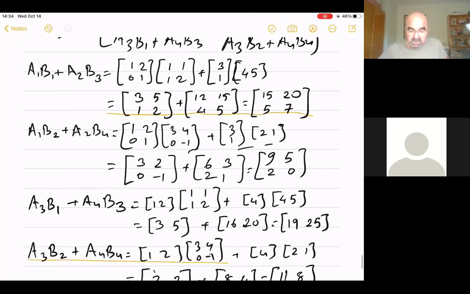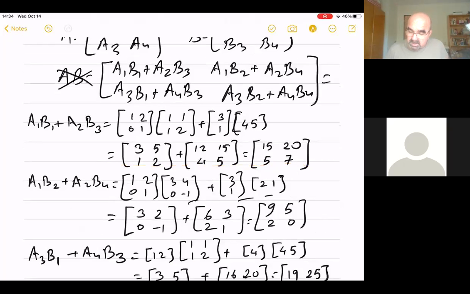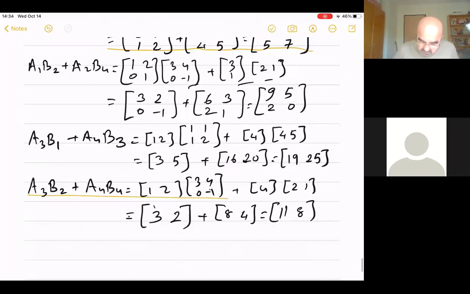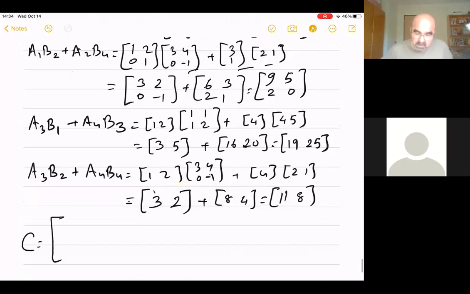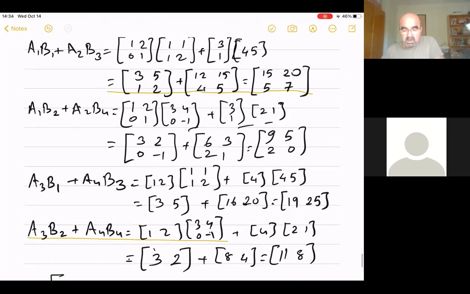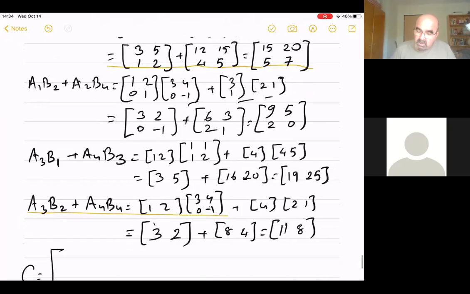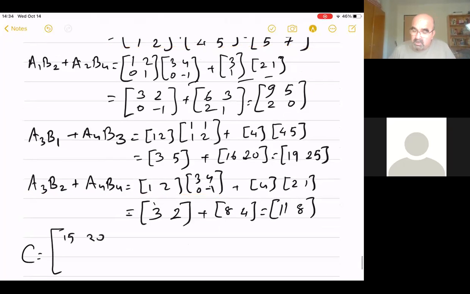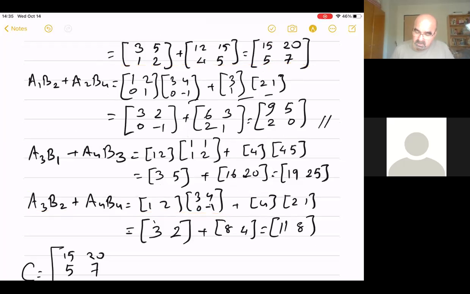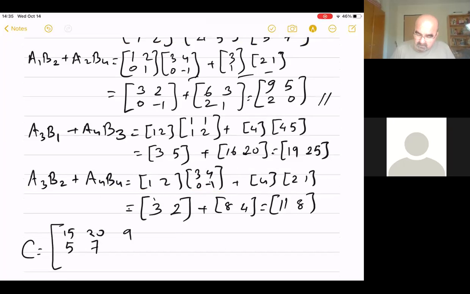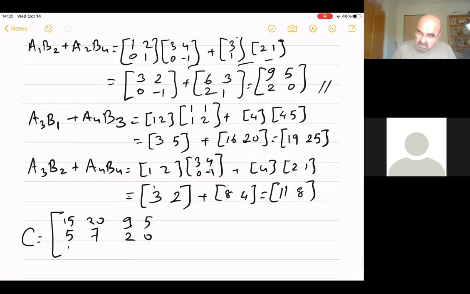So this matrix, let's call this matrix C. This matrix C is equal to: the first entry 15, 20, 5, 7; the second entry is this one, 9, 5, 2, 0; and the entry here is 19 and 25, and here is 11 and 8.